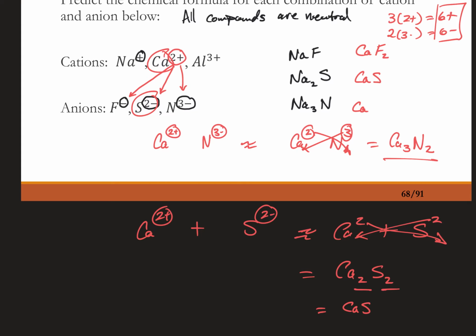You have to remember to reduce it if possible. Whereas in calcium nitride, you can't reduce 2 and 3 any further. Or you could just look at it mathematically and say, what's the least common multiple of 2 and 3? It's 6. How many times do you have to go from 3 to 6? It's 2 times, so it's Ca3N2.